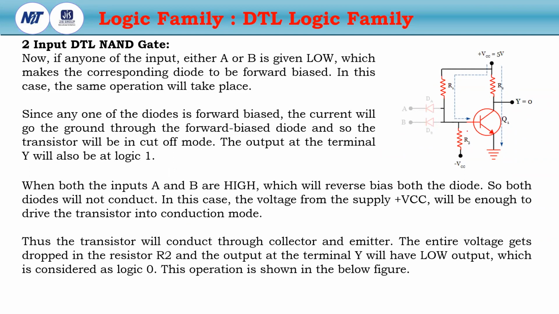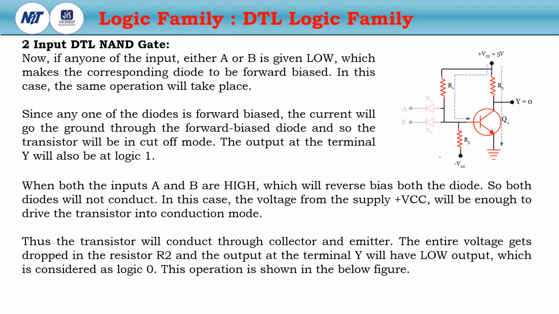The voltage drop occurs at the base region of Q1, so the current will flow through R1 and through the transistor to the ground. Both the diodes are in the cutoff region because both the inputs A and B are high. Then the diodes are in reverse bias, so both the diodes will not conduct.